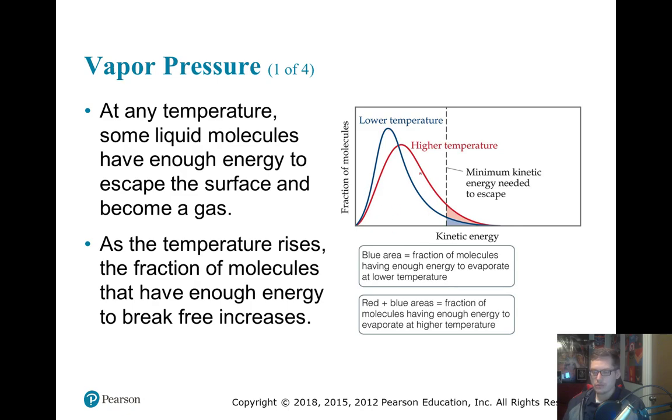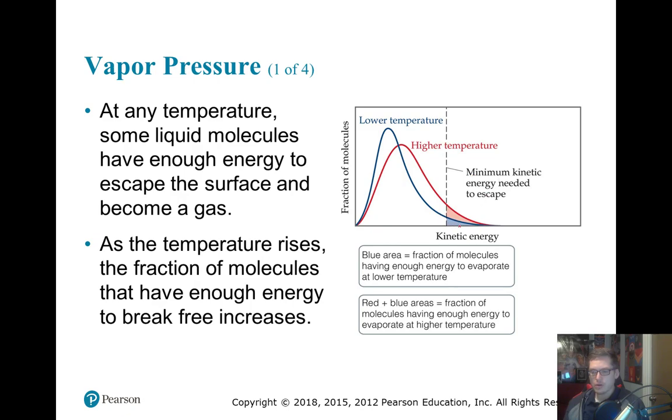But the difference is that this dotted line is the minimum kinetic energy needed to escape. This is the amount of energy something needs in order to break those intermolecular forces completely and become a gas. And notice that when we're at a higher temperature, we still have molecules that are relatively not moving, but there are more molecules that have enough kinetic energy to escape.